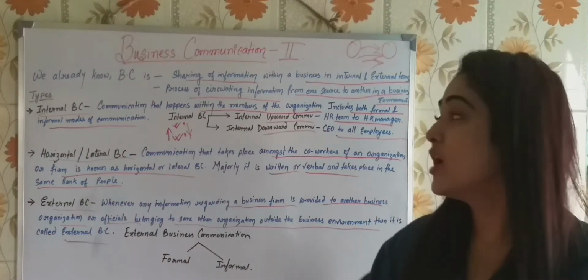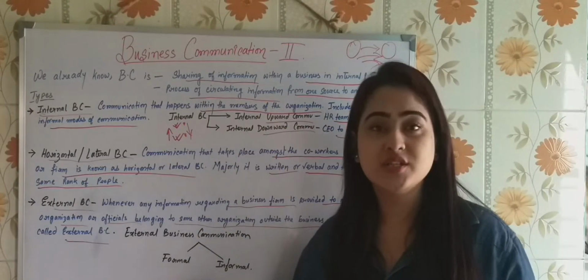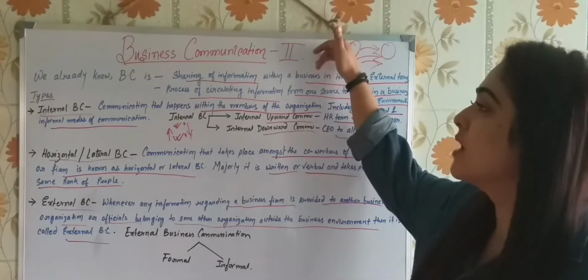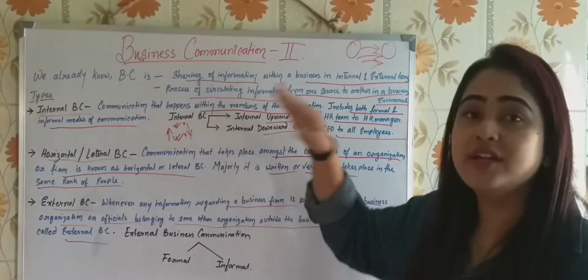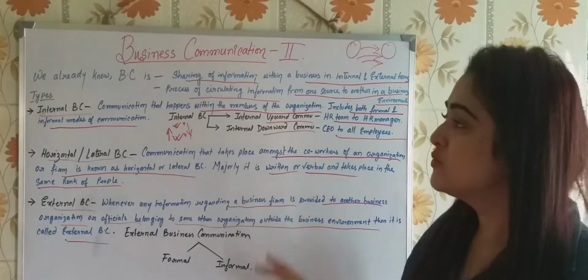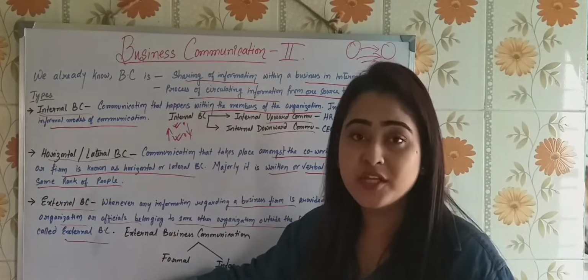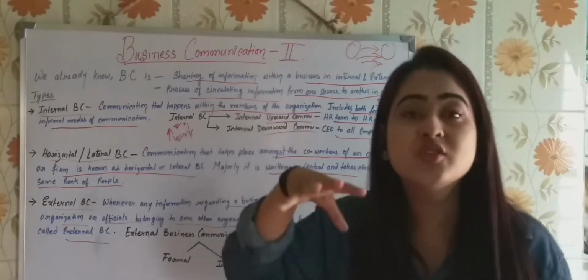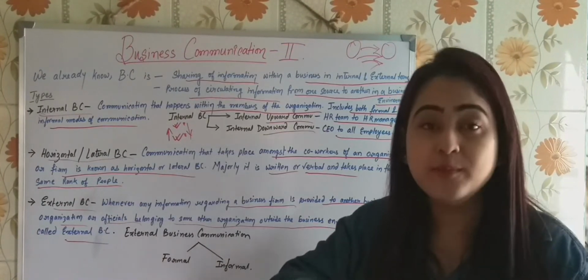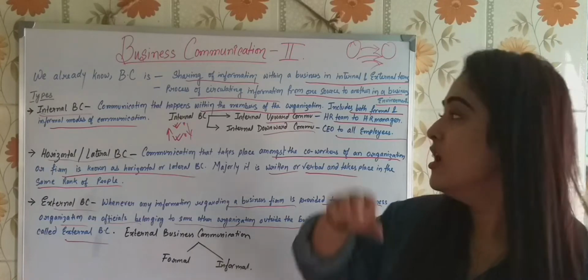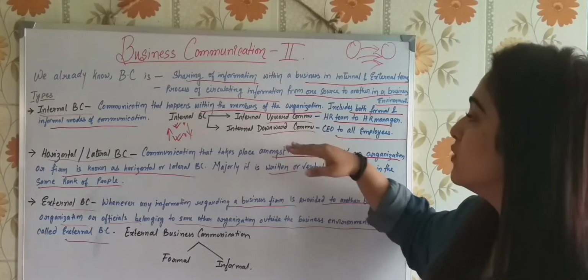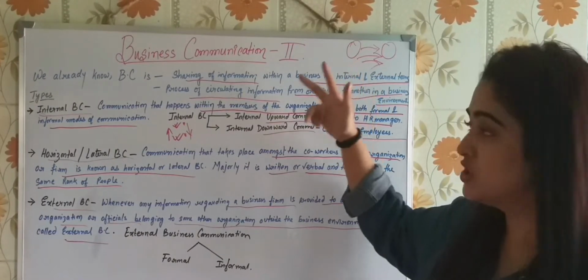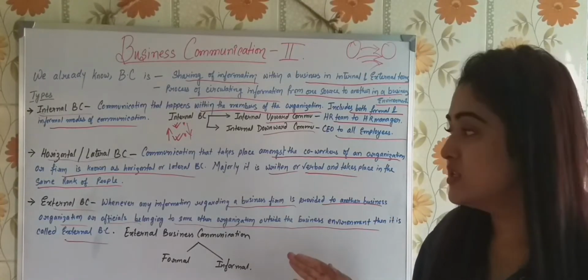So let's take a quick recap of what all things we discussed. We discussed what is business communication in very short and crisp points. Next we discussed three types of business communication. One was internal business communication, which is taking place within the business organization, and can be done formally and informally. This has two types: upward internal business communication and downward internal business communication.